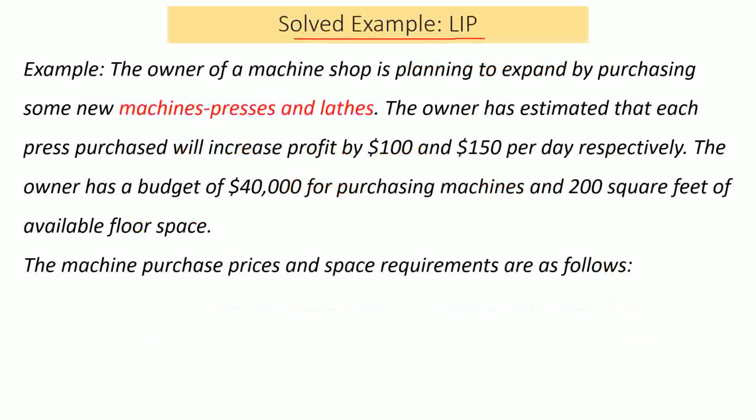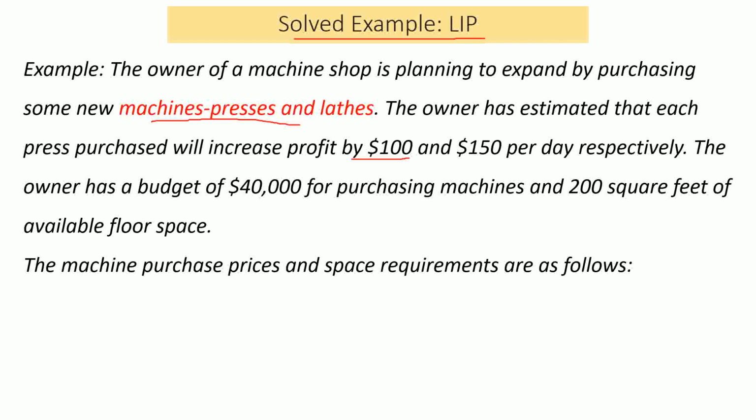So this is a solved example of linear integer programming. The owner of a machine shop is planning to expand by purchasing machines, presses and lathes. The owner has estimated that each press purchased will increase the profit by 100 and each lathe by 150 per day respectively. And the owner has a budget of 40,000 for purchasing the machines and 200 square feet of available floor space.